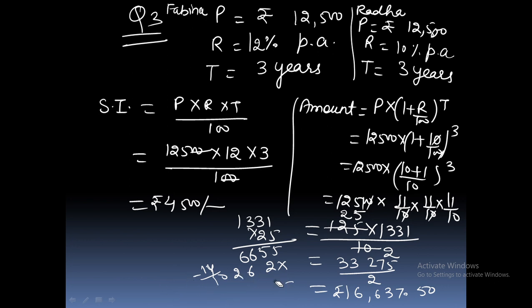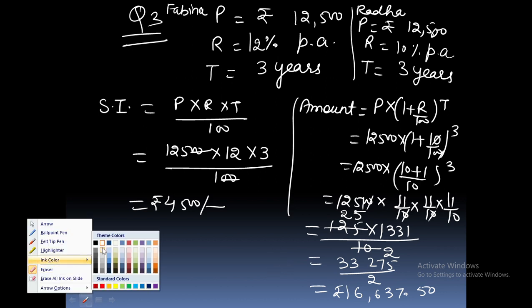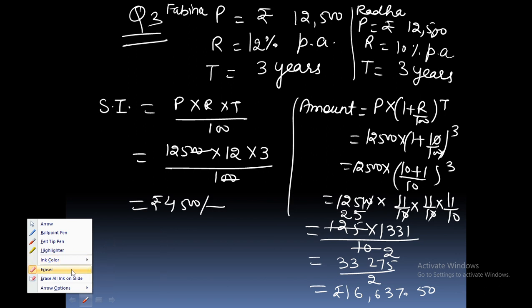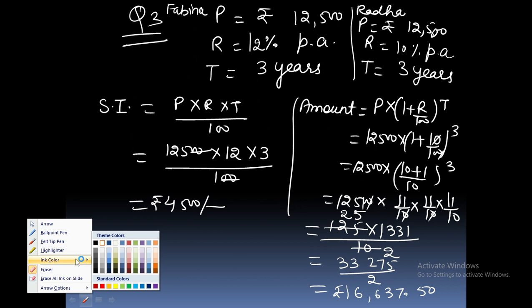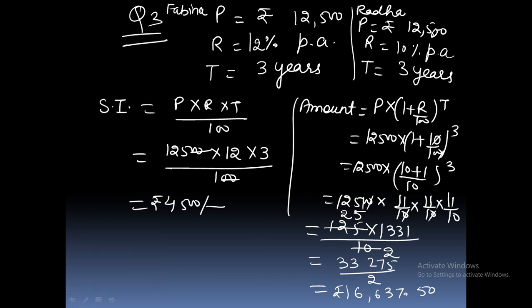After this, you will calculate compound interest by subtracting the principal amount from this calculated amount. The principal amount will be subtracted from this value.